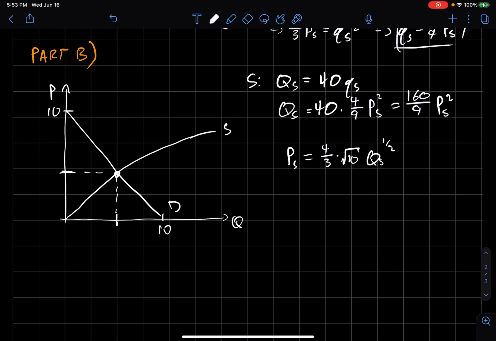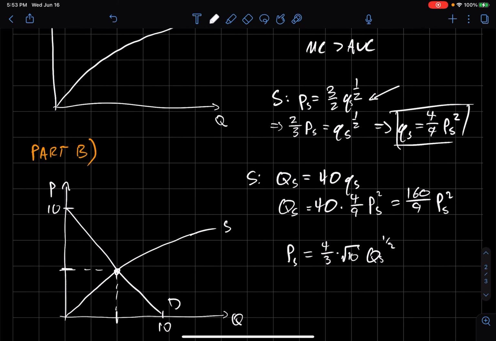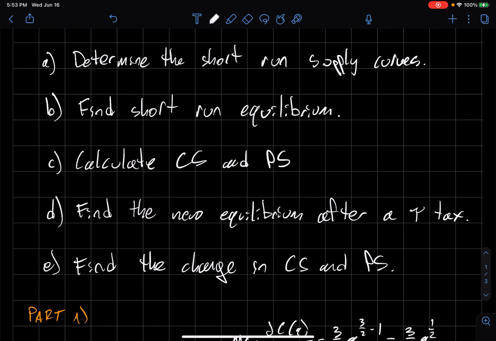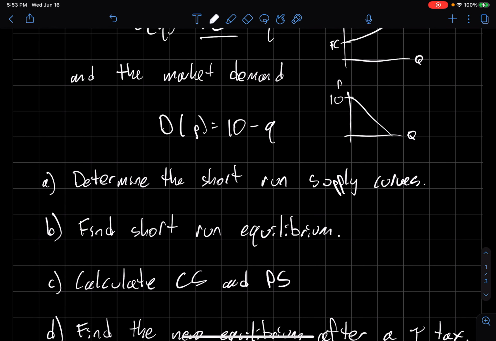So to do this, we take our price or our quantity and plug it into the demand curve. So our demand curve is 10 minus Q. And maybe we'll modify this a little bit. I'm sorry, this is price.